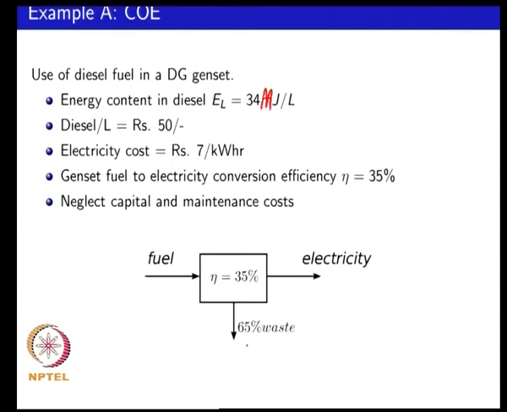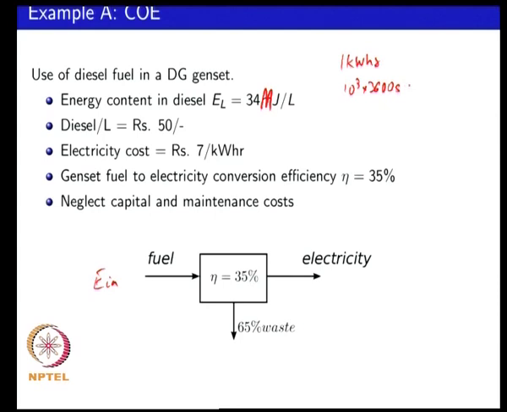So, if you look at say 1 liter of fuel, you are talking about 34 megajoules. So, if you look at it in terms of kilowatt hours, 1 kilowatt hour is 10 to the power of 3 into 1 hour, 3600 seconds.